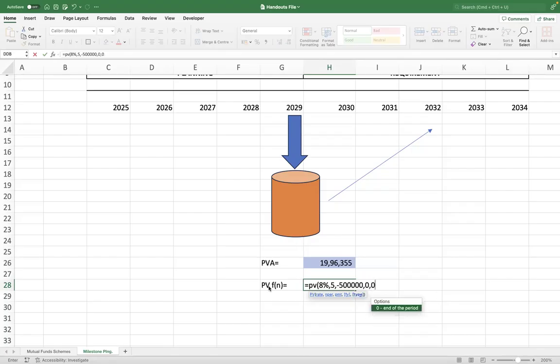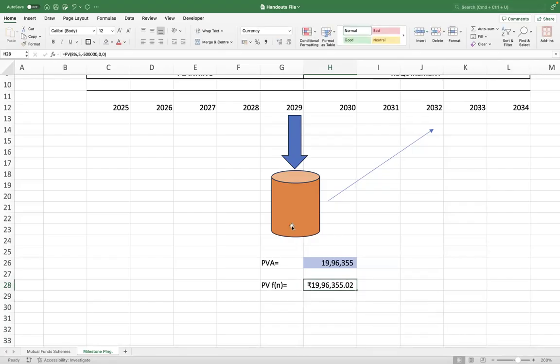And I'm assuming end of the year payments, right? So what's the value that I get? Same value, 19,96,355. So चाहे आप फॉर्मूला यूज करें या आप पीवी फंक्शन यूज करें, वैल्यू आपको वही आएगी.